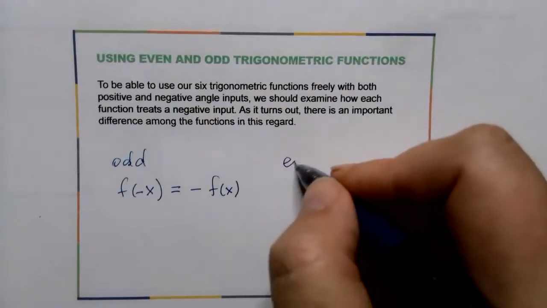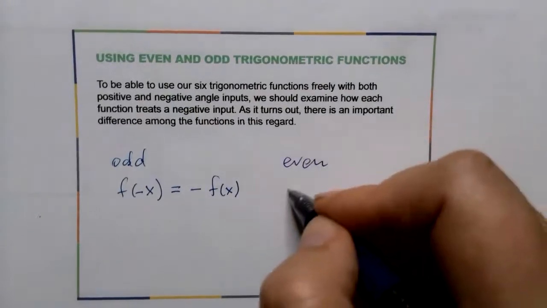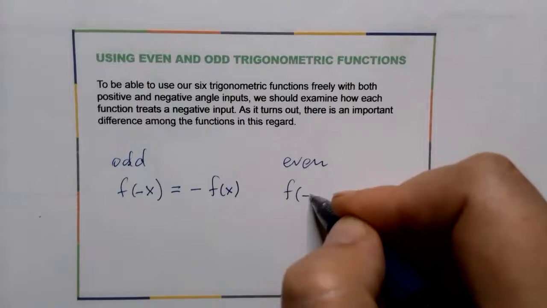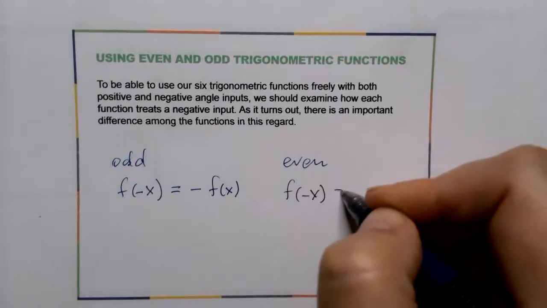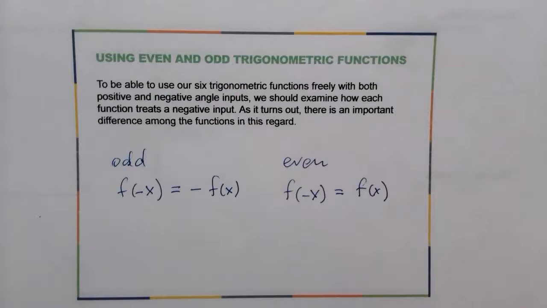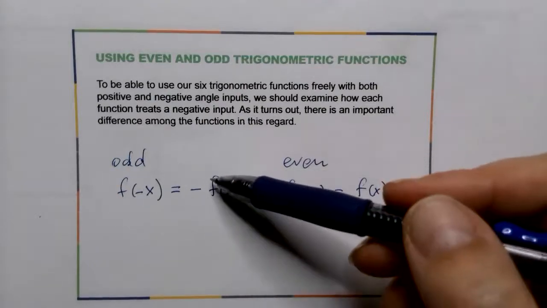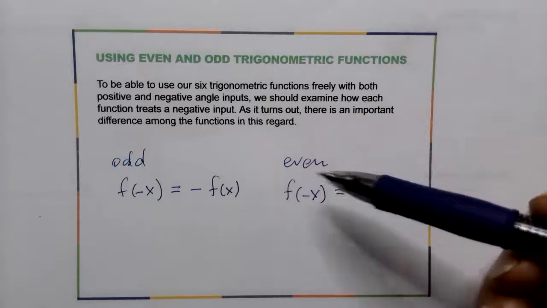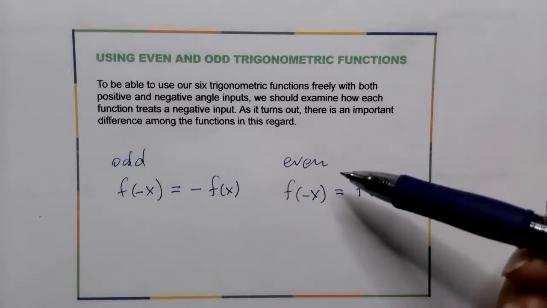For the even functions, if your input is negative x, the output is the same as if you would have put in the positive x. And of course, there are functions that are neither odd nor even, that don't follow either one of those patterns.